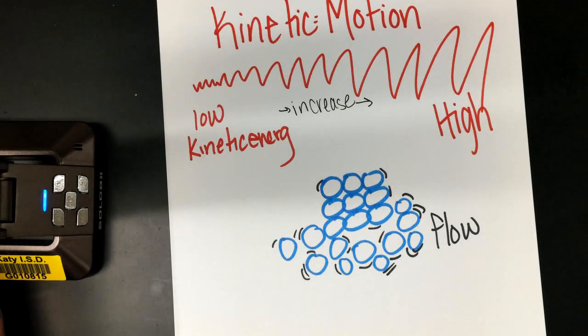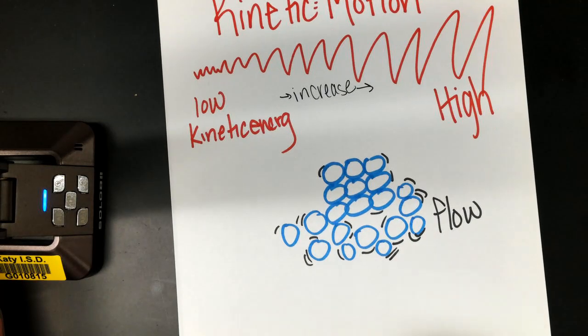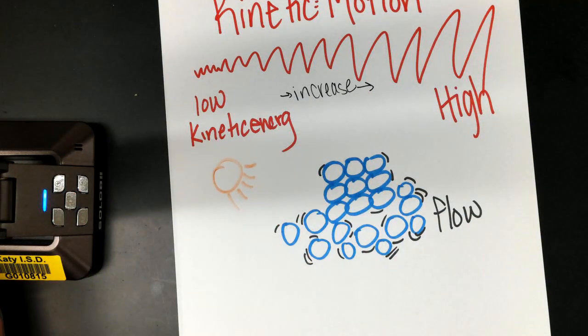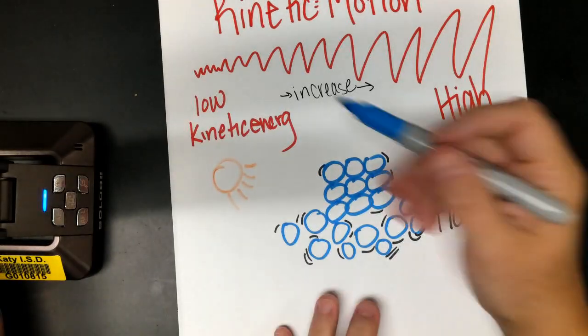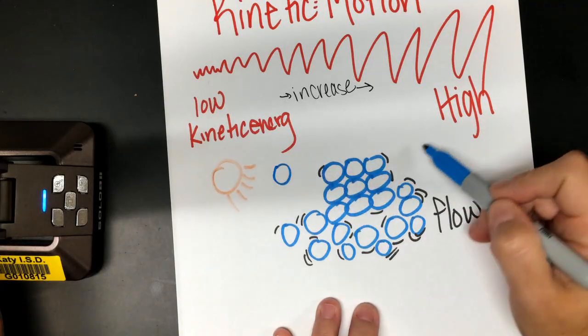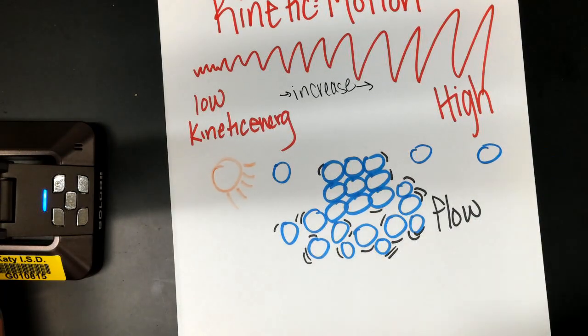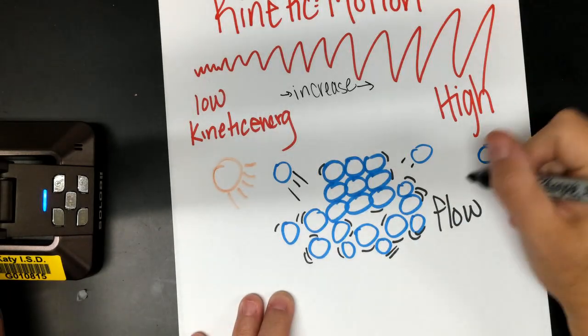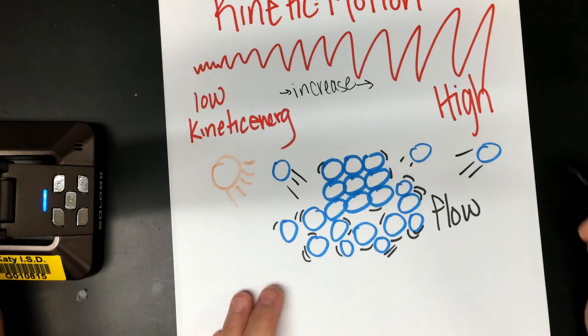Then, let's pretend this is a hot, sunny day. And on this hot, sunny day, some of the water molecules evaporate and start flying around. The gas molecules have lots of kinetic energy. They're as if they're running away.